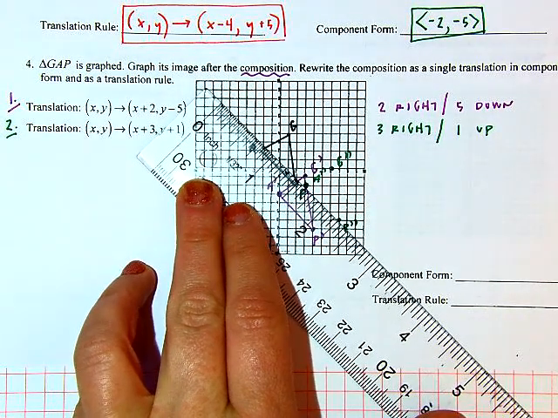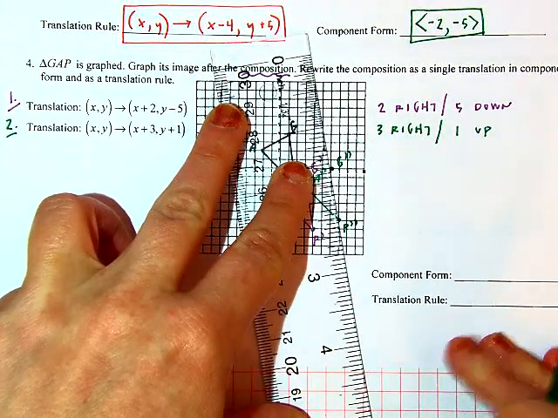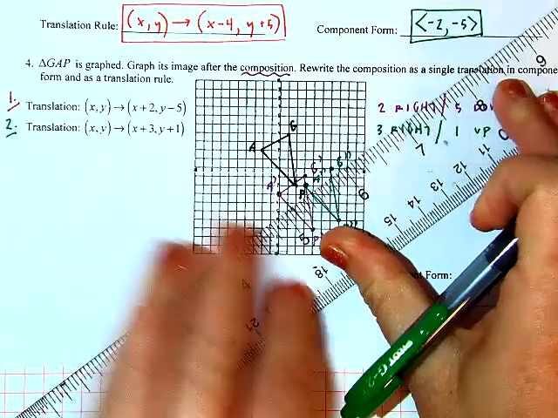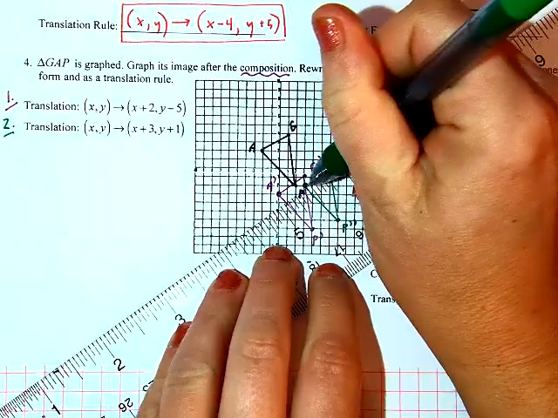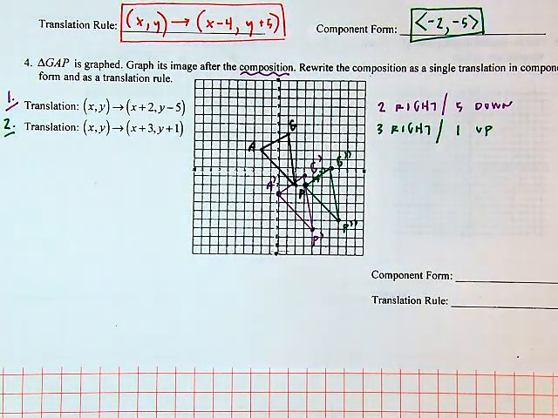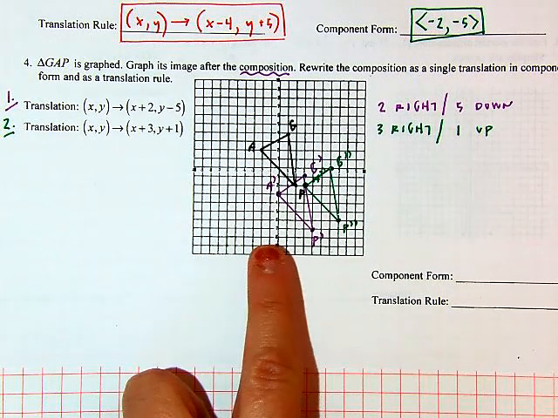So it should be here, here, and here. So again, a good tell that you've done this correctly is, well, are all of your figures still congruent? They should absolutely still be congruent, all three of those triangles on this grid right here.